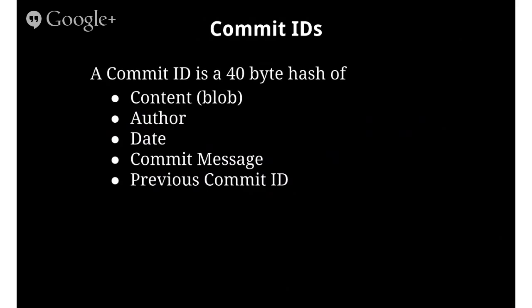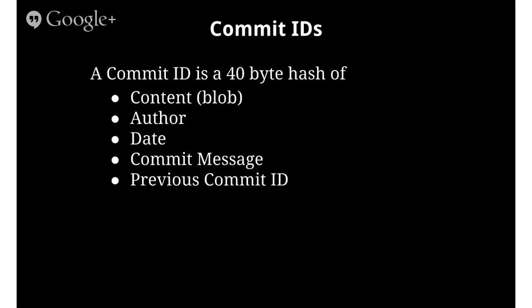And then you add the commit message that you put in. And then the parent. Remember the previous commit, the parent. How many parents can a commit have? One. But when we merged, remember we had 2 parents? When we merged, it says this is a merge of this and this.